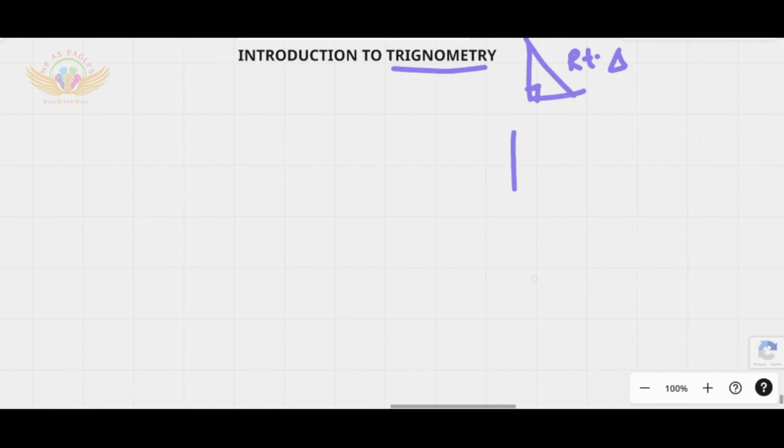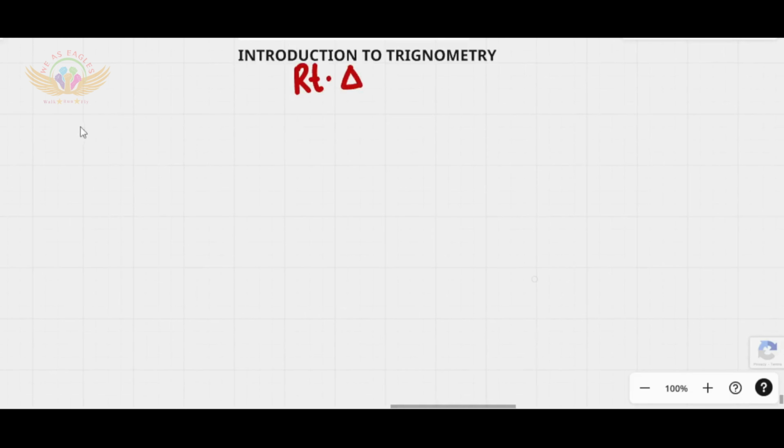So if it is a right angled triangle, automatically we will have a base, a height and also a hypotenuse. For this kind of right angle triangle only, we apply the trigonometry concepts and formulae.